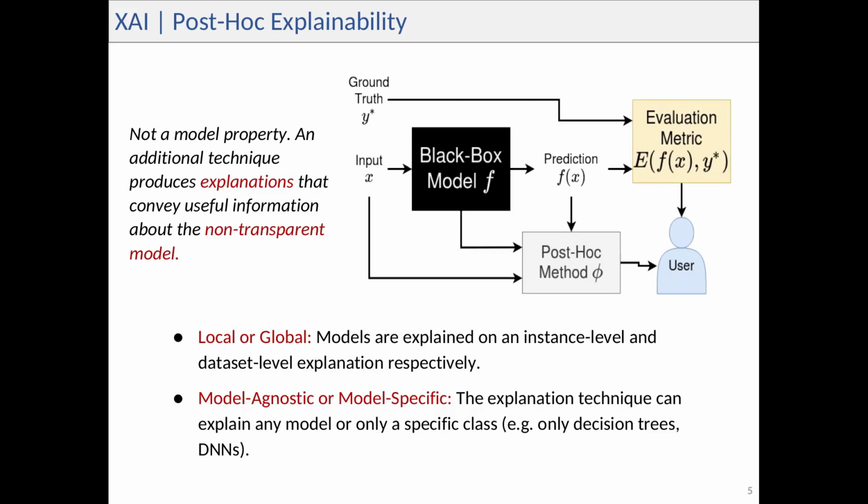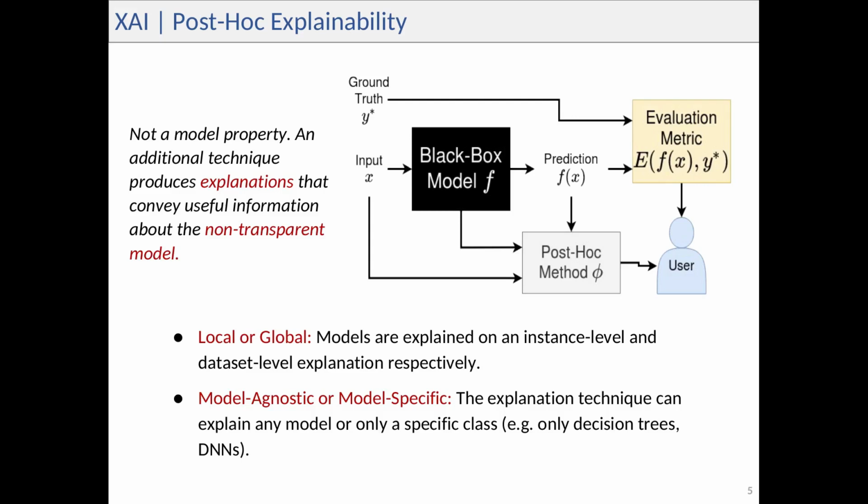Post-hoc, to begin with, just means after the fact. And why that is the case will be clear in a second. Post-hoc explainability is not a model property. It just means that we cannot understand the models alone. So here in the picture on the right, we can see that the model F is now a black box. All the rest remains the same, with the exception that we have something called a post-hoc method, that we can also call a post-hoc explainer, which can look at the model and produce what we call explanations.